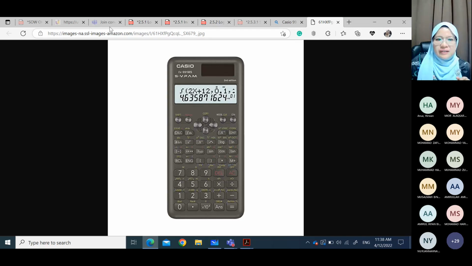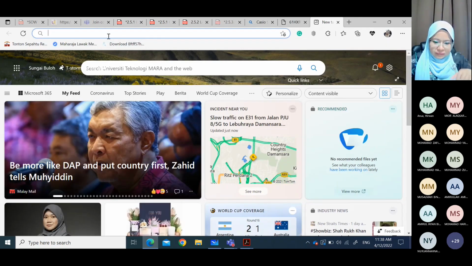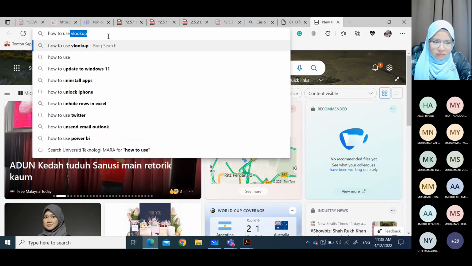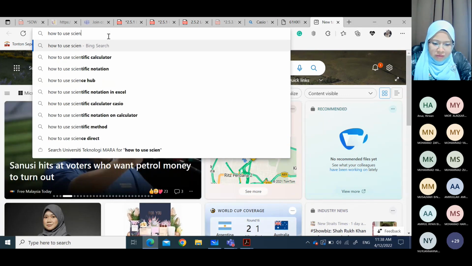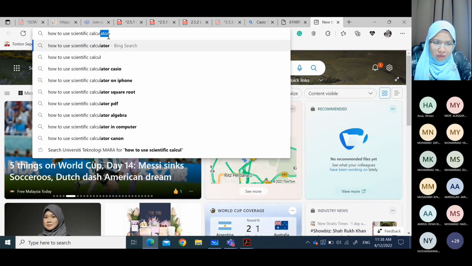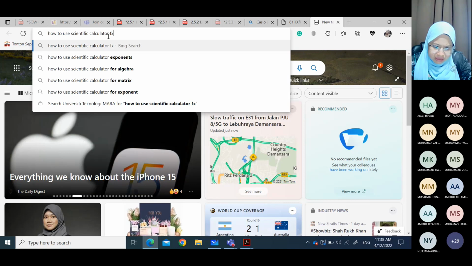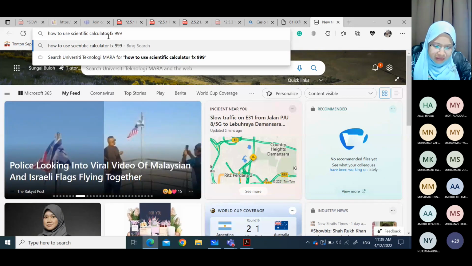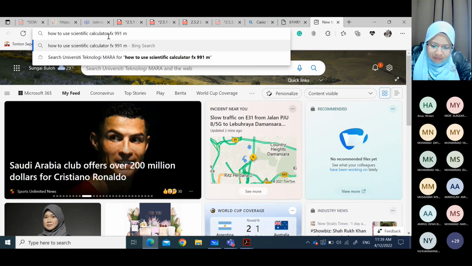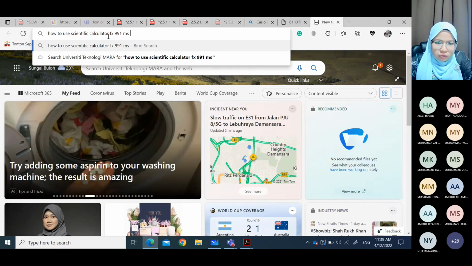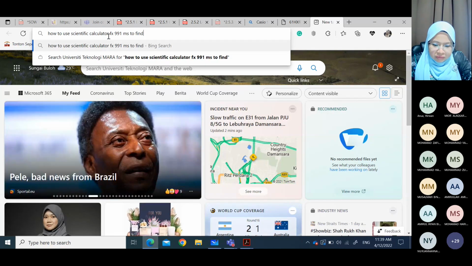Keluar log je. Okay, kita try how to use calculator ni untuk log. Calculator model FX 991 MS, to find log.